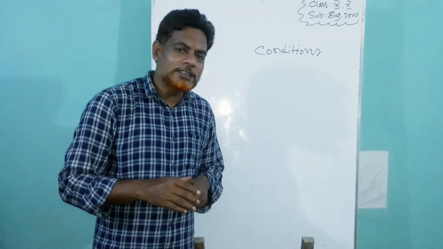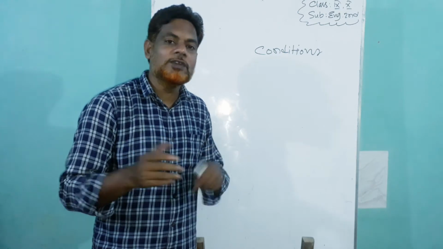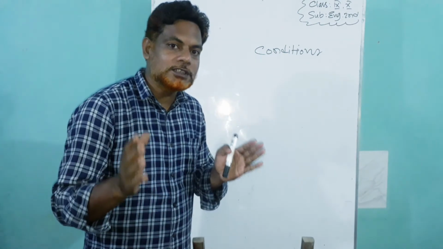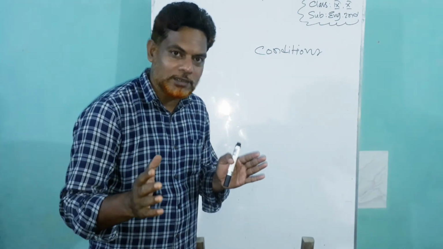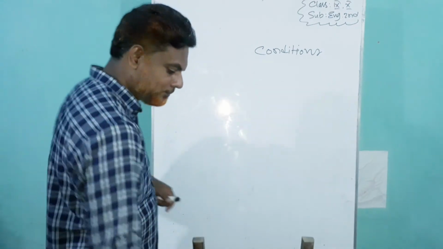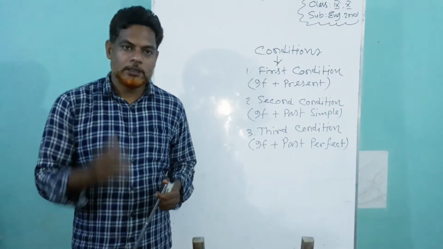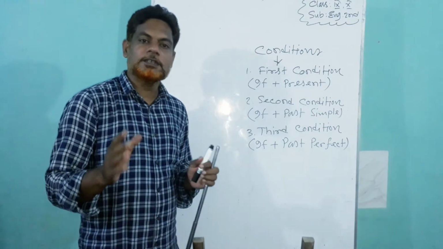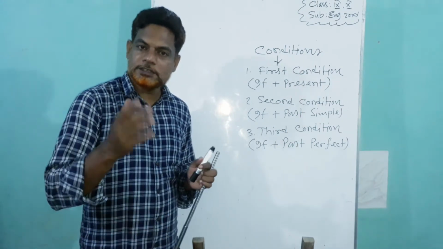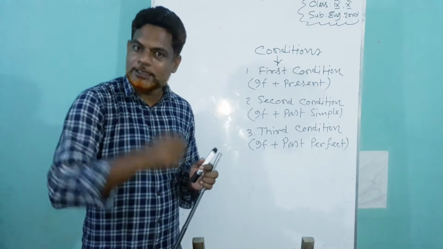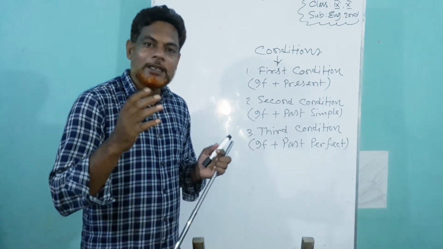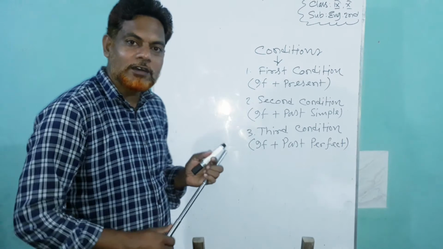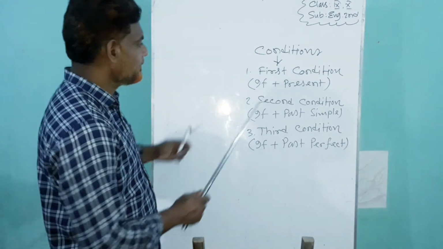Before entering into the depth of the topic, try to find out how many conditions there are in English grammar. Let me write. Dear students, we have learned that conditions are of three kinds: first condition, second condition and third condition. Let's see what the structure of the first condition is.